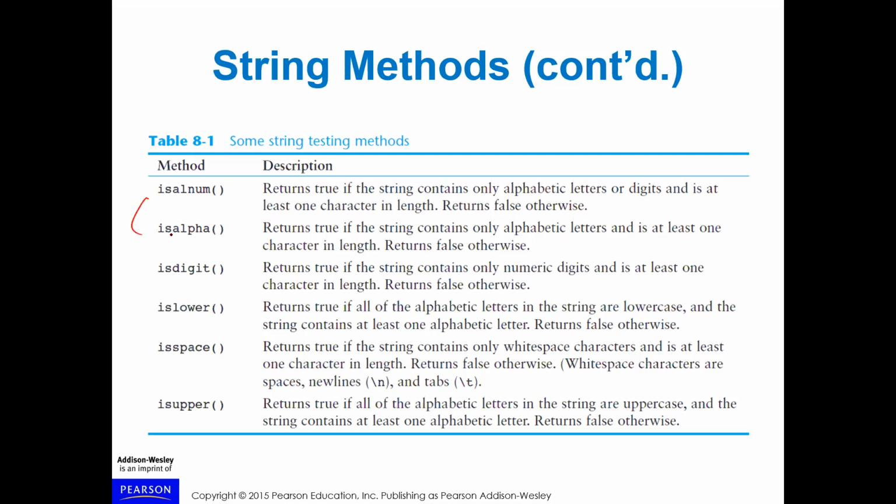Now isalnum returns true if the string contains only alphabetic characters or digits, and there's at least one character in length, and it returns false otherwise. isalpha returns true if the string contains only alphabetic letters and is at least one character in length. You can see there's a little bit of a difference there.